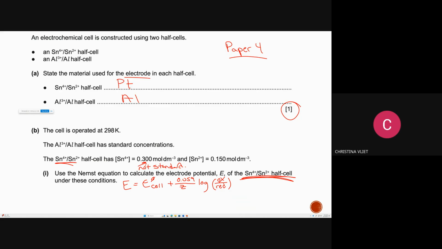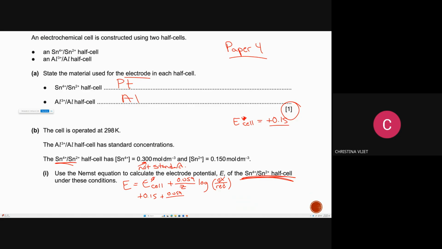So our E cell, we just picked up. The standard E cell for the tin was positive 0.15. Do you agree? So I'm going to plug that in here. Positive 0.15. 0.059 over Z. What is Z here? The amount of electrons transferred in this half reaction are how many? 2.